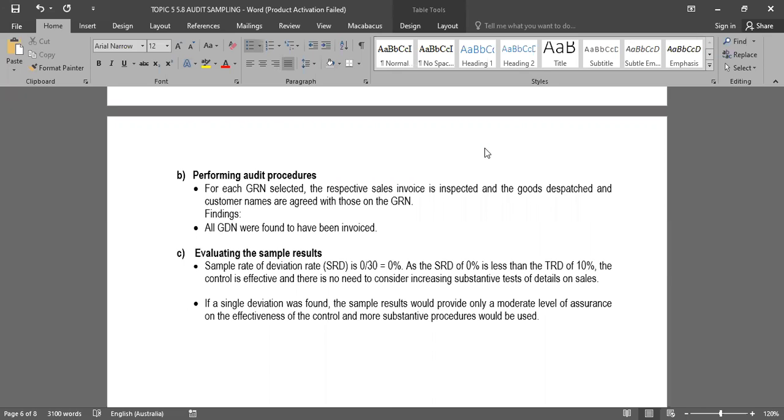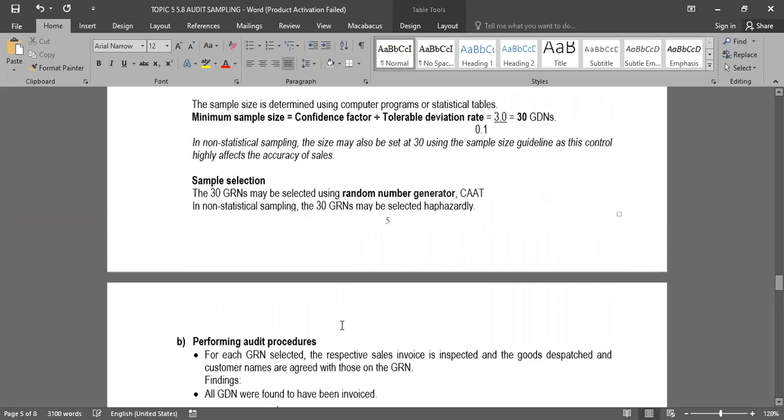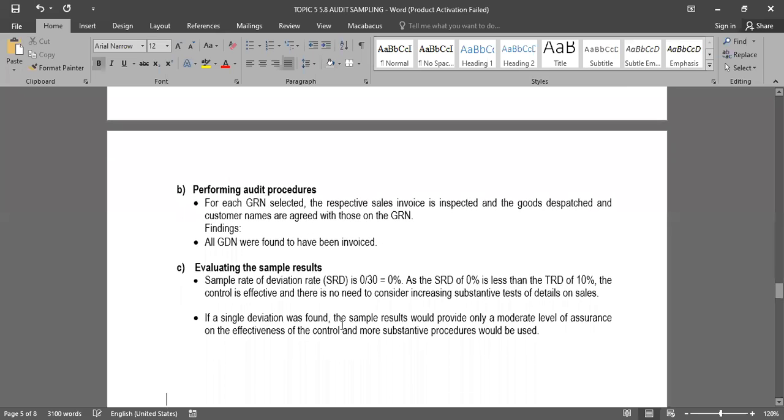Now it's giving us 0%, but for us we put the tolerable rate of deviation at 10%. Remember from our question here, still under design, we made an assumption that the tolerable deviation rate is 10%. So when you compare what we found in the sample and what we have, since in the sample there's nothing, yet we tolerate 10%, and it's a 0, then you're doing very well, you're perfect.